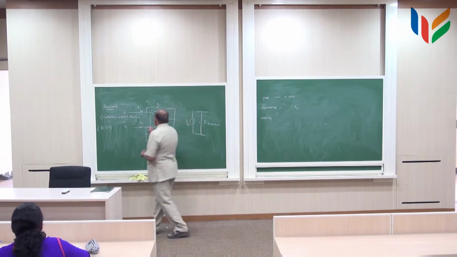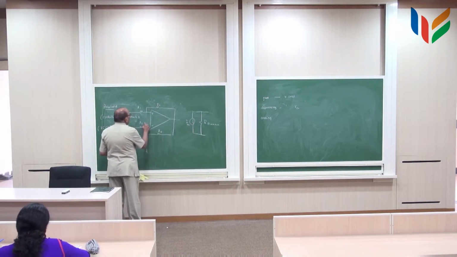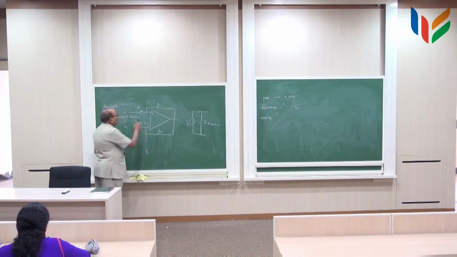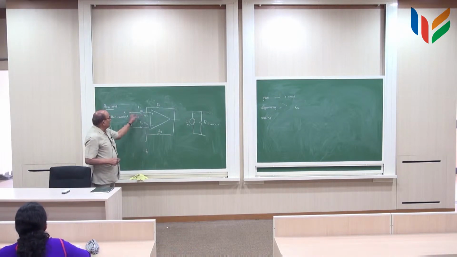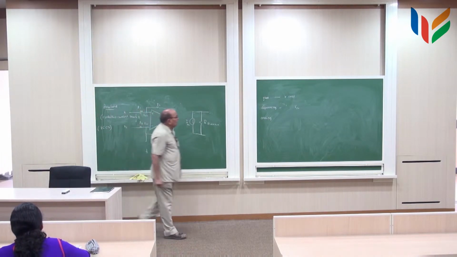So this terminal sits at VOC, and this also will sit at VOC, assuming ideal op amp. So what is the expression you have now?